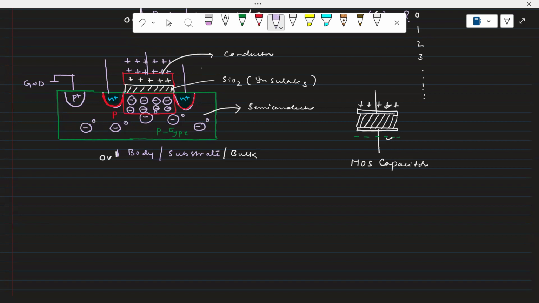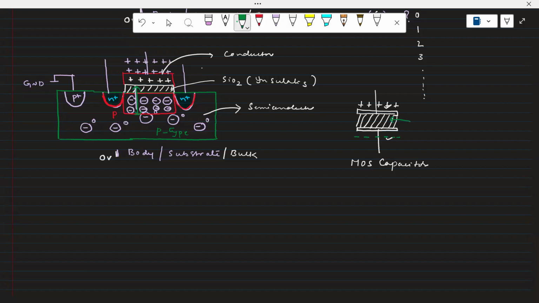As you can observe, the moment I apply the positive charge on the top plate, the region of oxide, that means the distance between the plates, will increase, right? What is an oxide actually?